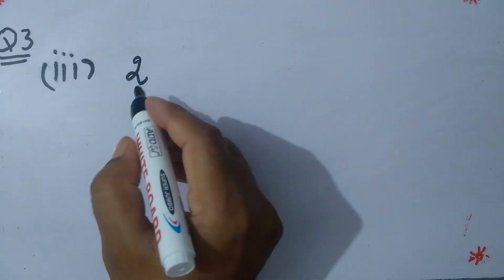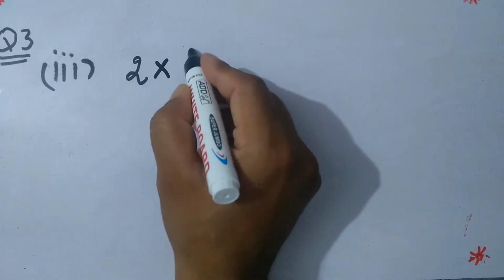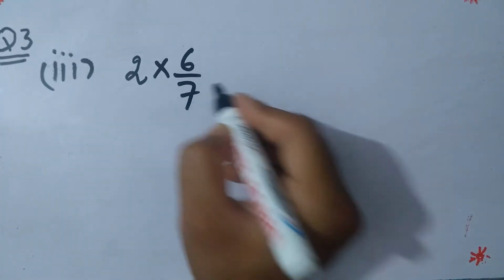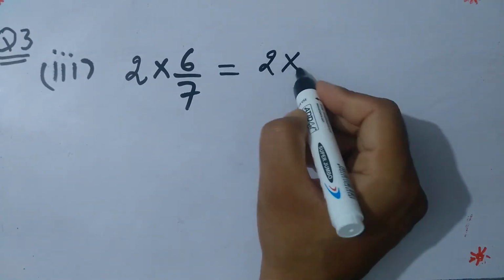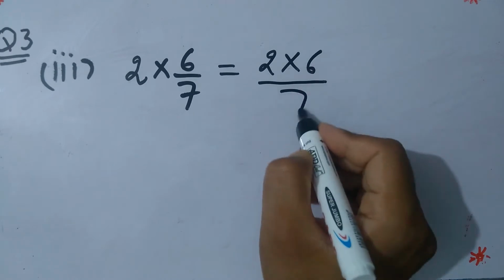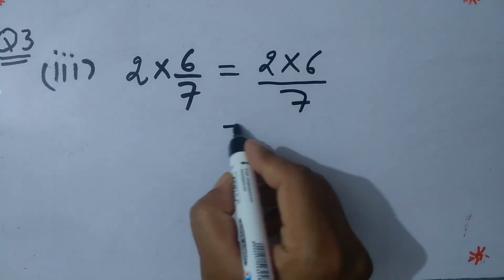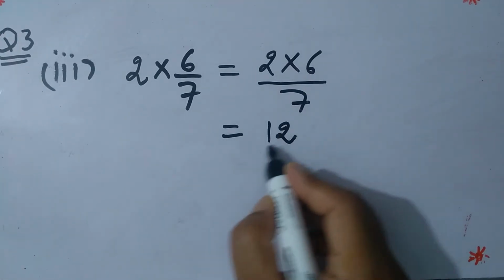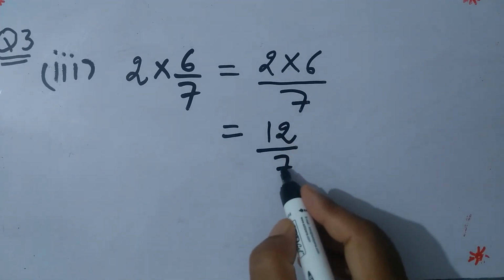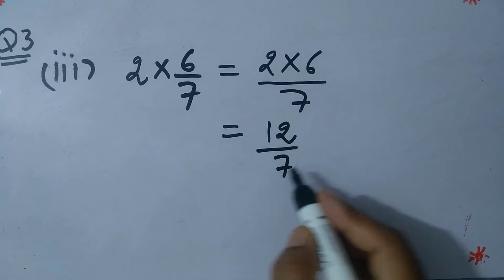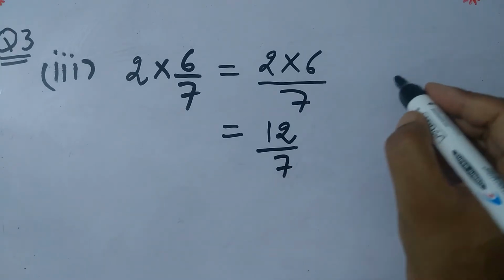Now the third part, 2 into 6 upon 7. It means 2 into 6 divided by 7, that means 12 upon 7. Again the numerator is greater than the denominator, so this is an improper fraction.